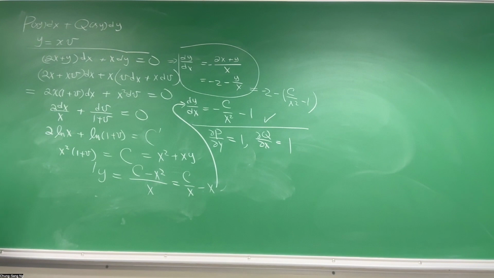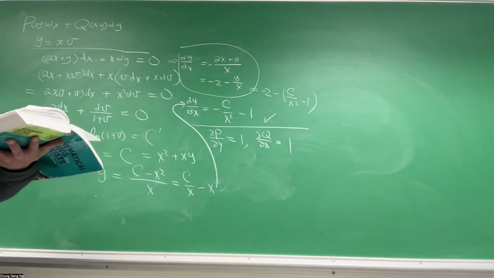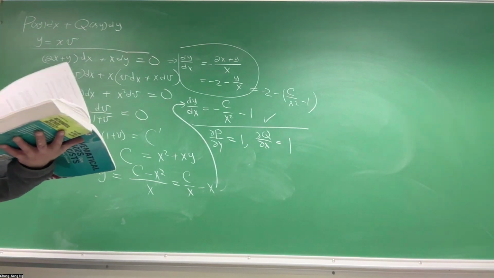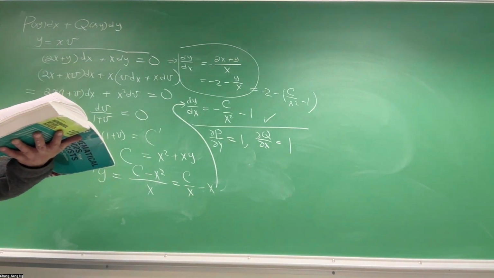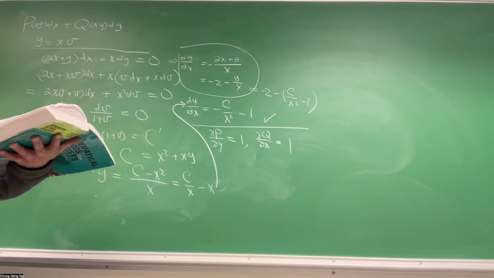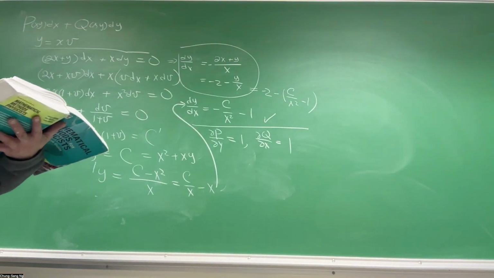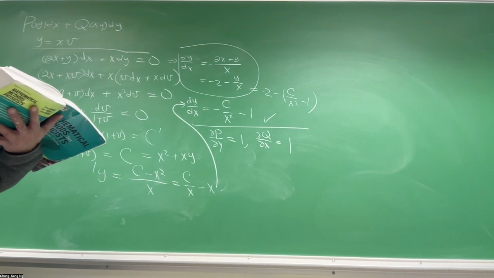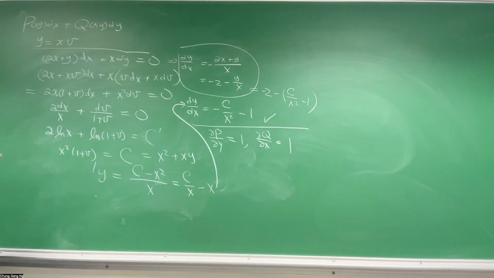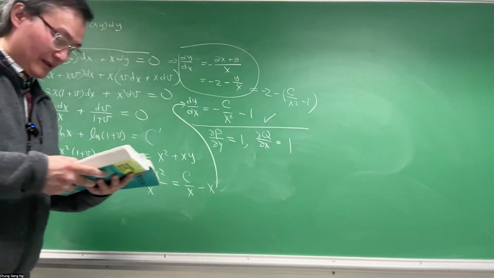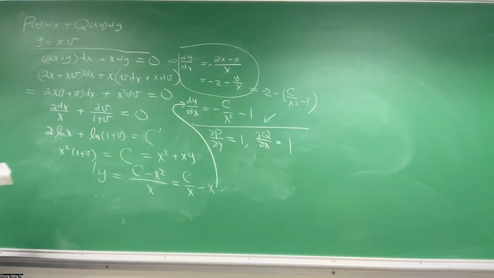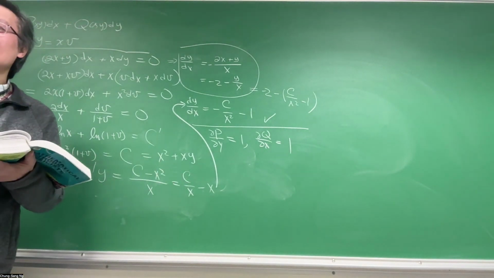And now you can use the other method and try to see if you get the same answer. Probably will. So that is a good observation. But obviously this method may solve other cases. Well, that is not separable, but it turns out this one is separable.